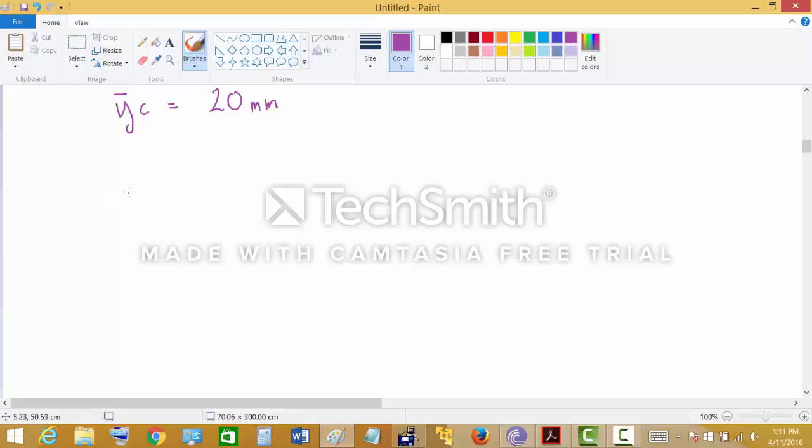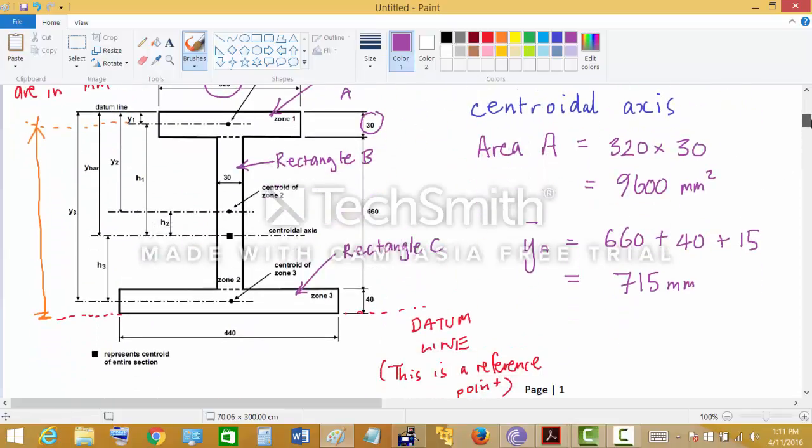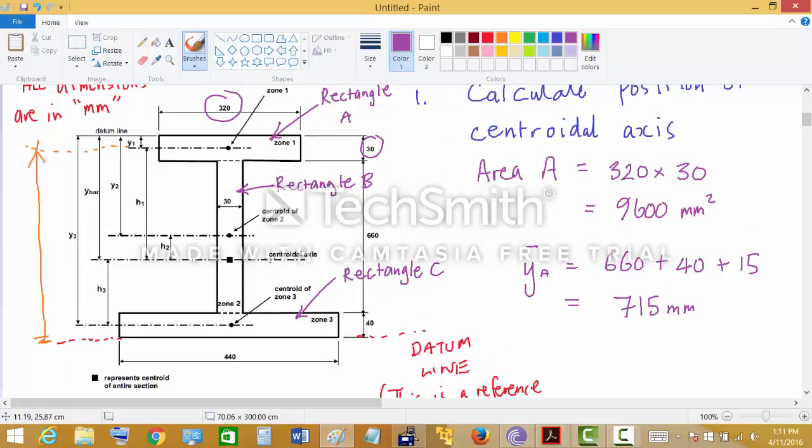So the centroid, we'll call it Y. Centroid is called Y. It's from the datum line to the centroid, which is about here.